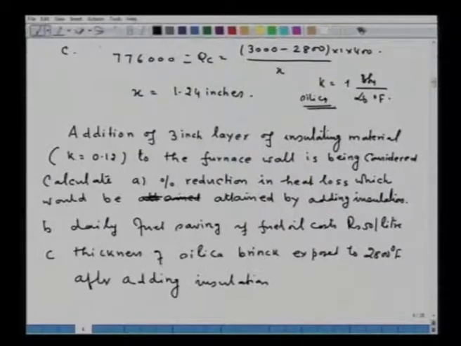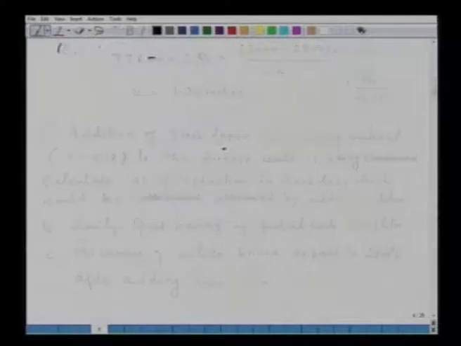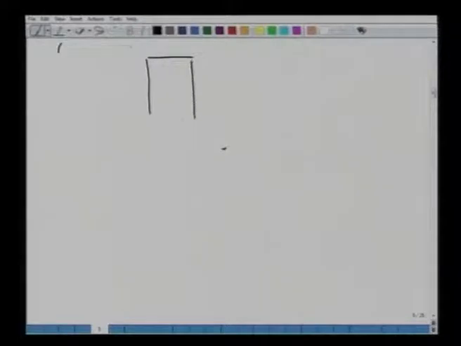So, now if we try to calculate this, the same formula we have to apply. What we have done here, say we have this as our original 15-inch silica brick, and now we are adding an insulation brick whose thickness is 3-inch.